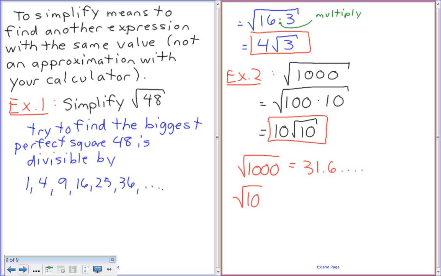Can someone do the square root of 10 for me, please? I bet it's 3.16 and so on. And then if you times that by 10, you still get 31.6. They're still the same thing. They mean the same thing. They're just equivalent, that's all it is. Because the square root of 100 is 10, you can just divide it out. That's all we're doing there.